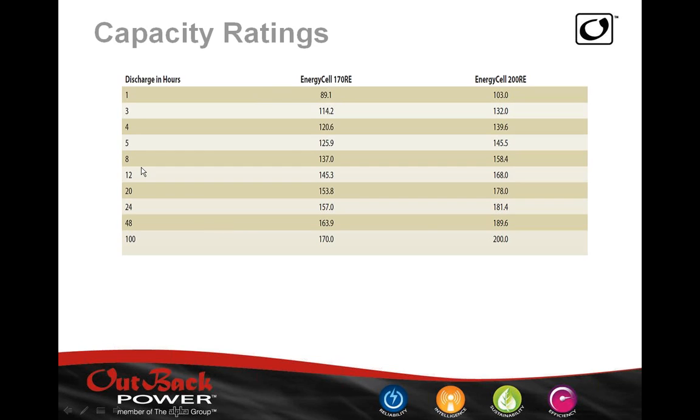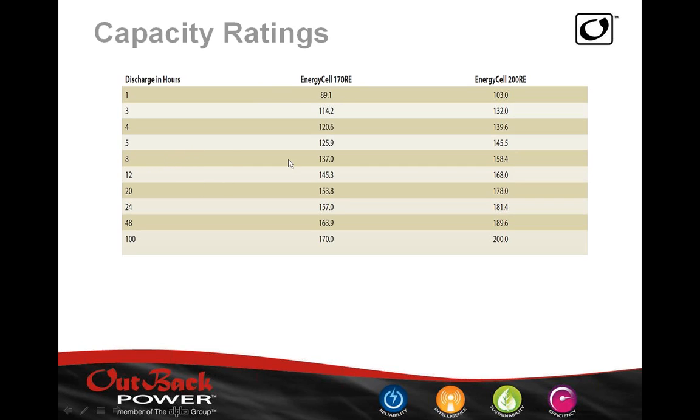By the way, these are hours, and these are amp hours. If we went up to the 20-hour rate, we see that at the 20-hour rate, the battery gives us 178 amp hours. So 178 divided by 20 will give us roughly 8.9 amps.